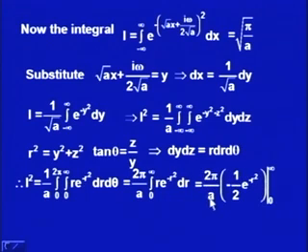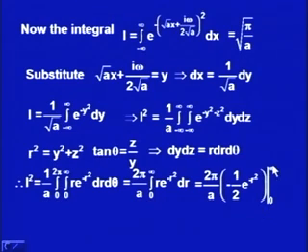So, what would it be? This 2 pi upon a is as such, and this is the antiderivative of minus 1 by 2 e to the power minus r square, that is, its integral is minus 1 by 2 e to the power minus r square, evaluated from 0 to infinity.